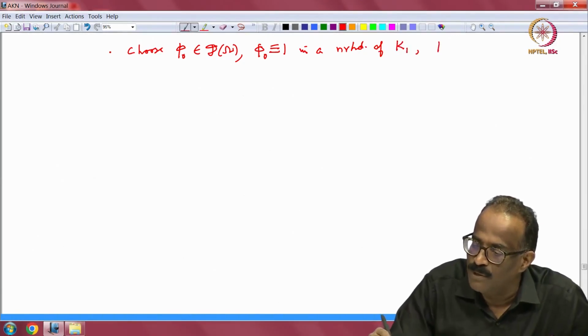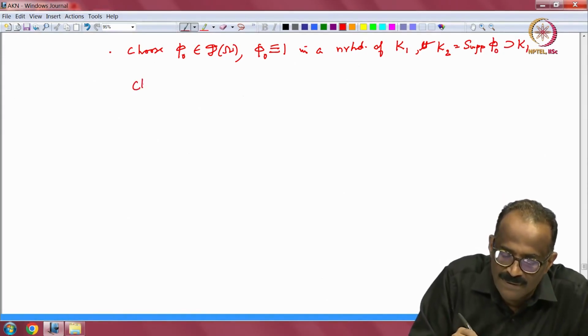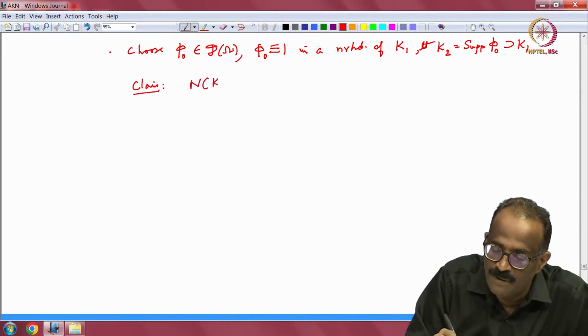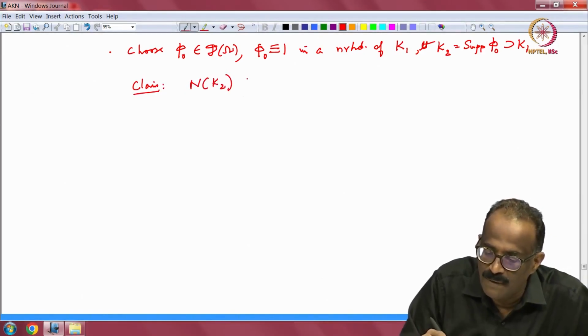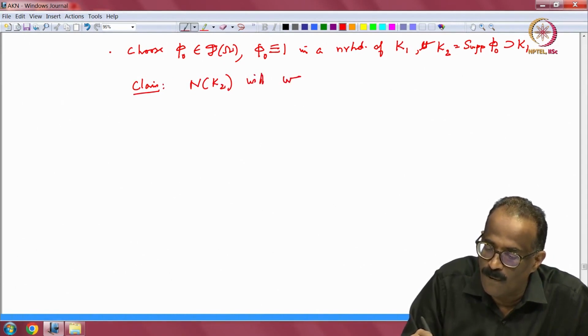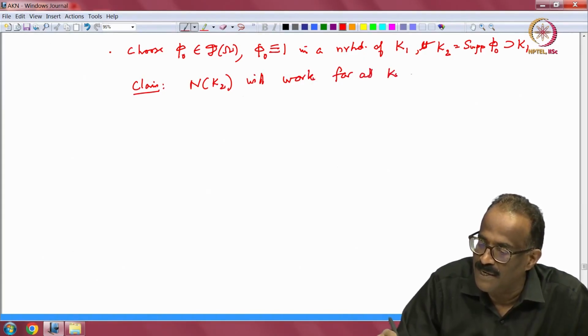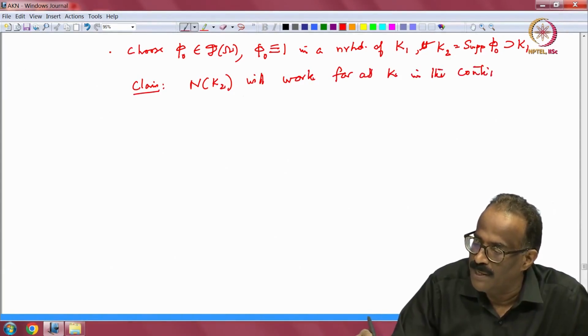Call it K2, let K2 be equal to the support of phi naught, and of course, this is contained in the support of K1, and the claim is that nK2, that is fixed, nK2 will work for all K in the continuity estimate. That is all you want to prove, the continuity estimate.